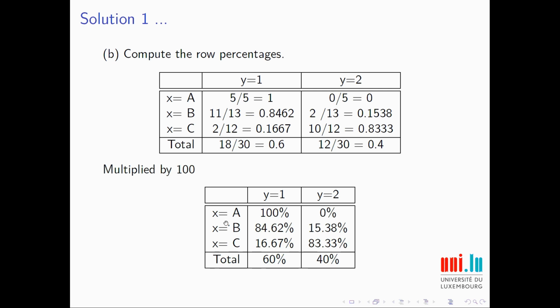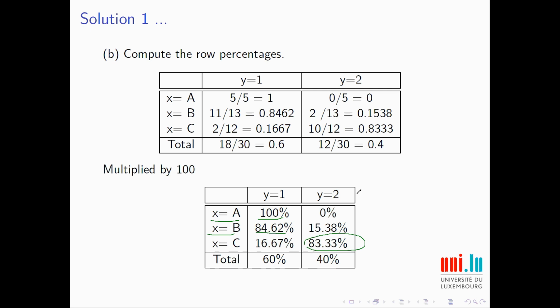The same we can do for B. Most probably we will see that variable x with value B will pop up for variable y equal to 1, and only for C can we expect that it appears more frequently for variable y equal to 2.